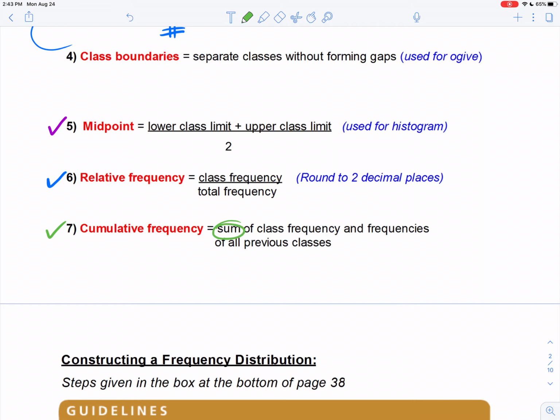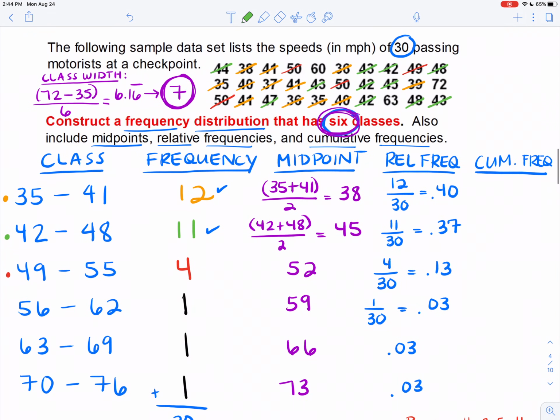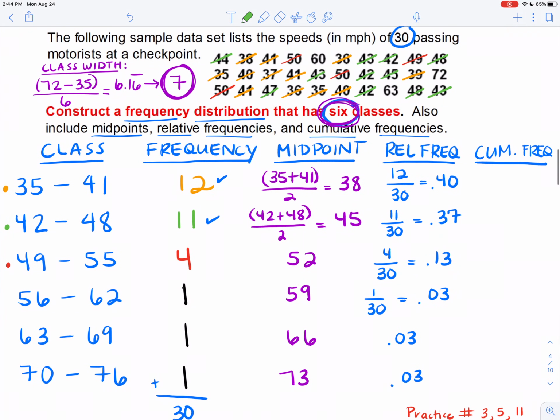We take the sum of what happens in the class and we add in the frequency for all classes that came before the class you're on. For the first class, there will be no change from frequency to cumulative. Nothing happened before the first class. So if the frequency is 12, then the cumulative frequency is 12 too.